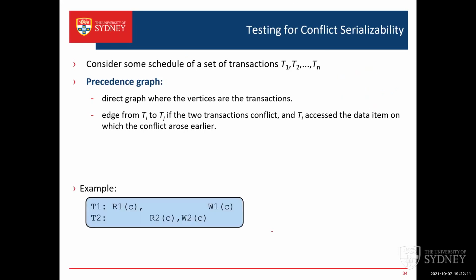Think about this one first. Answer this question: how many conflicting pairs are there in these two transactions? 1, 2, 3, 4, write in the chat box. How many conflicting pairs are here in this example?